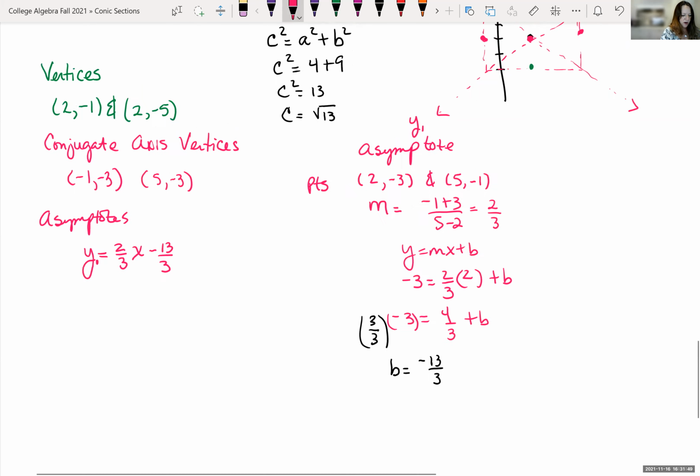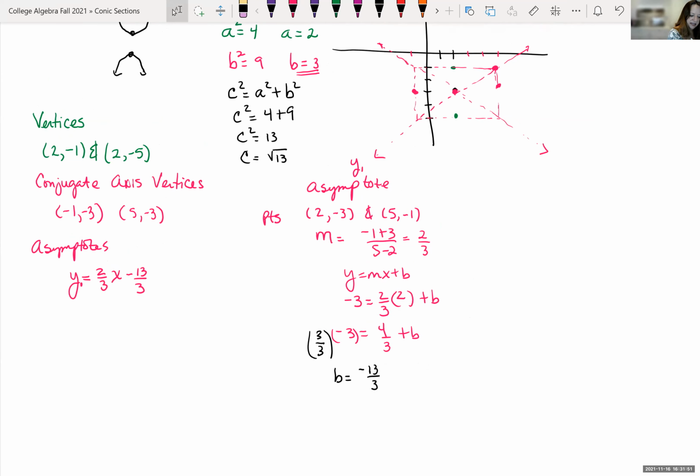So let's look at y sub 2. We can do the exact same thing here. Let's call this one y sub 2. And so again, we have a point, the center, (2, -3), and we need another point that's on that line. It doesn't matter which corner you choose, so let's just choose this bottom right one.